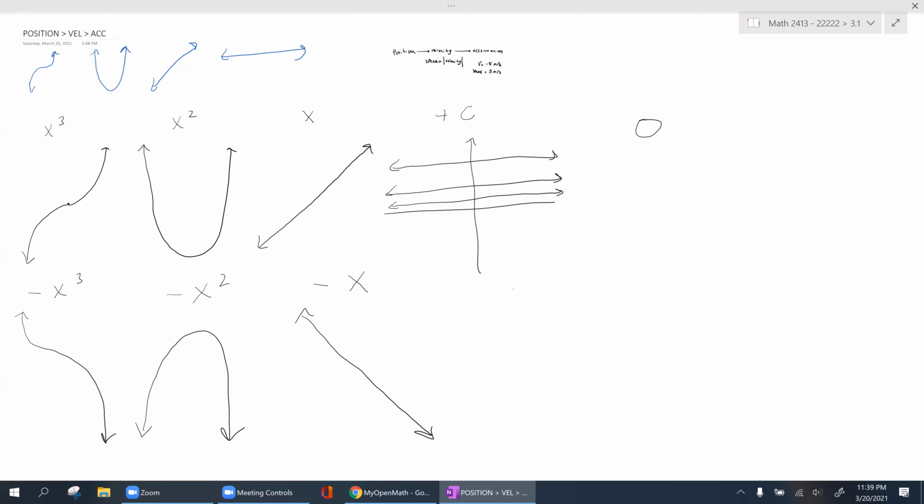And if you derive that, it'll give you a negative constant. That just means that horizontal line is now going to be below the x-axis. It can be there, it can be there. It just has to be wherever y is less than 0. And of course, if you derive a constant, it'll give you 0.